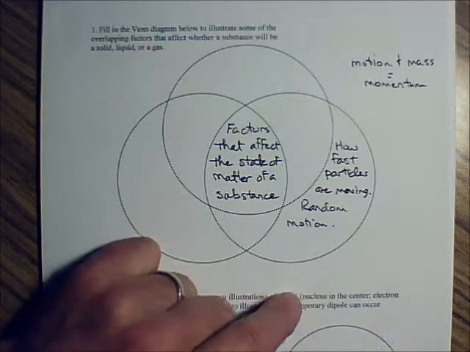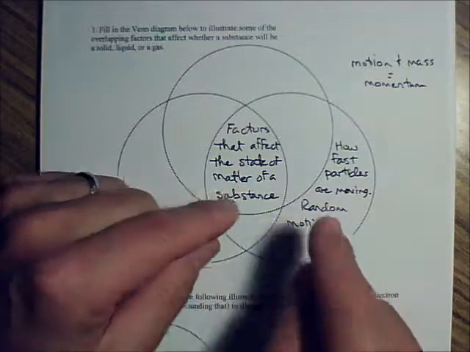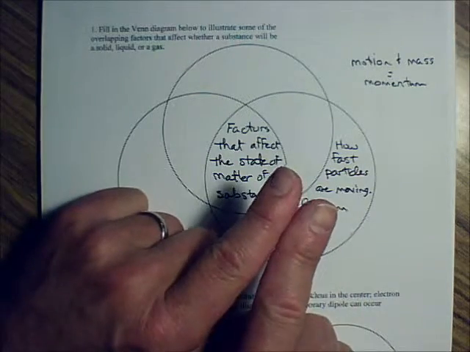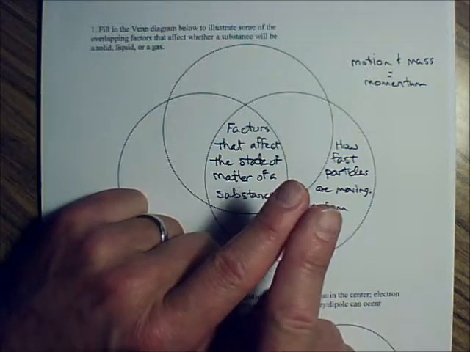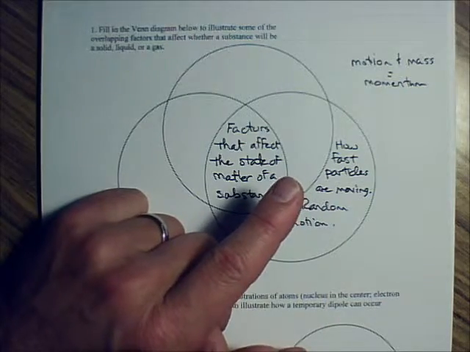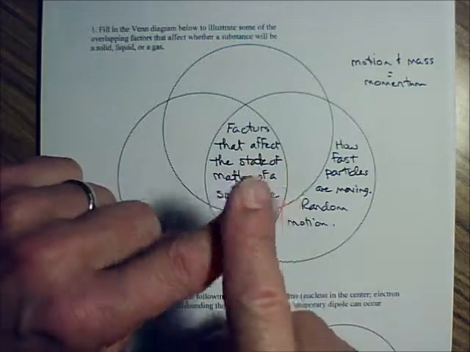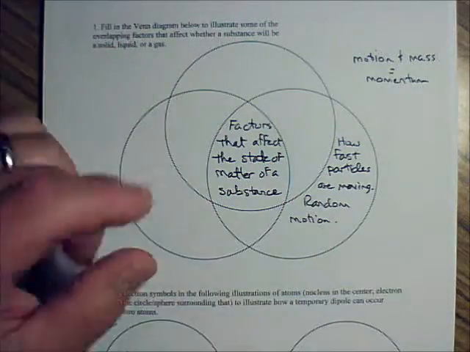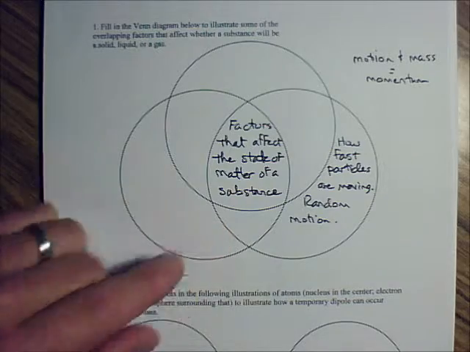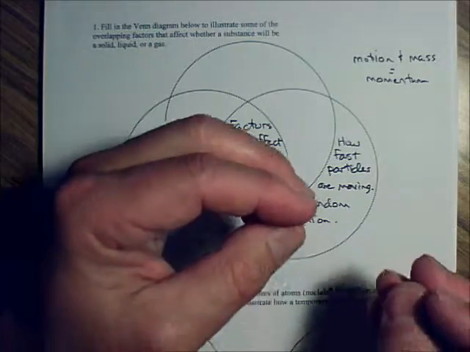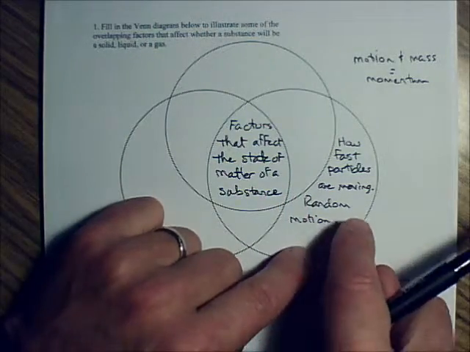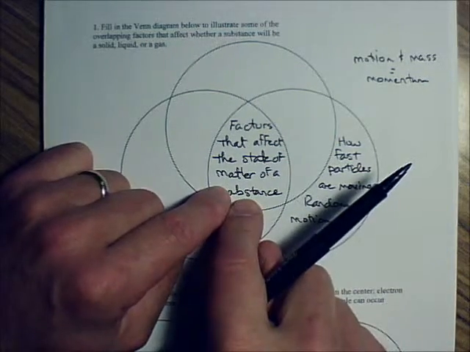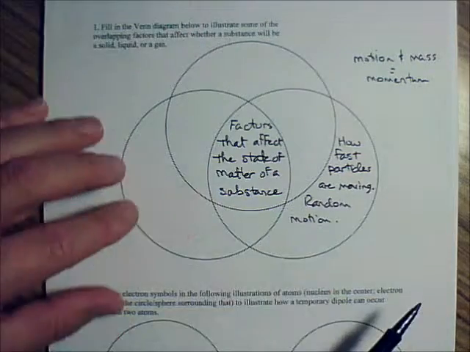But what actually gives us the structure is whether those particles are sticking together in a rigid sort of structure like you sitting in a seat, or whether they're moving around each other like a mosh pit, making a liquid, or they're spread out all over the place like a gas. So how much this random motion impacts that physical state is part of these other two factors as well.